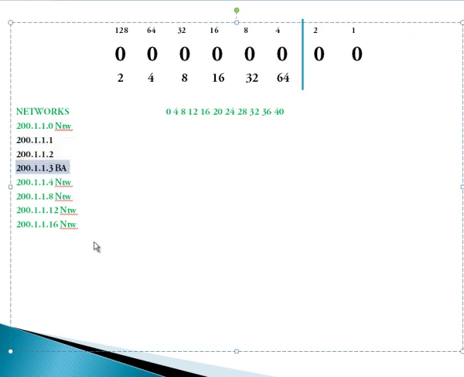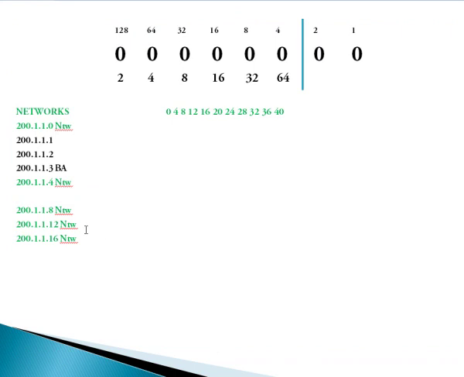So the only two addresses we have available from that network are the 1 and the 2, and those we can assign to our hosts. If you look at the next network, which is the 4 network, the only addresses we can use are the 5 and the 6, because 7, the one before the next network, is the broadcast address.